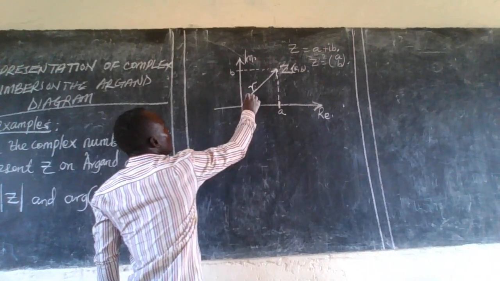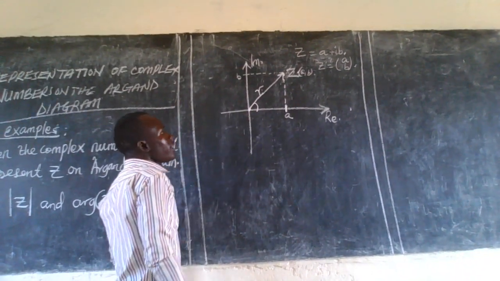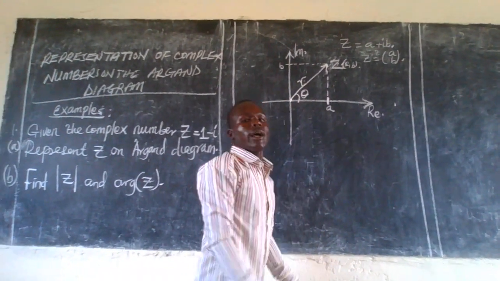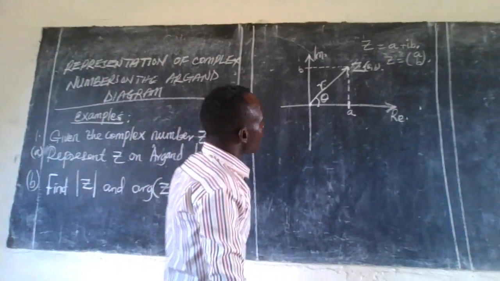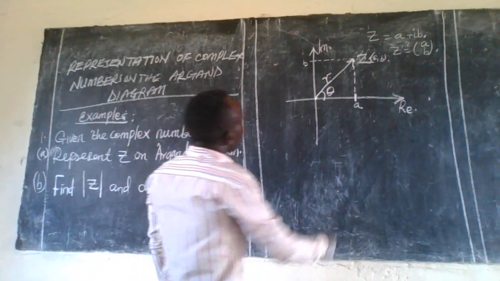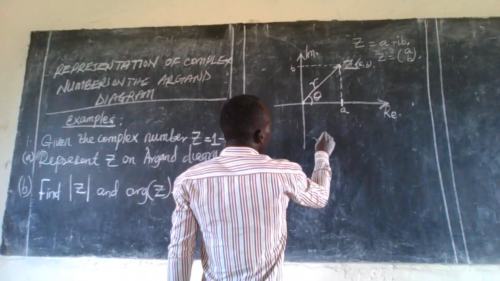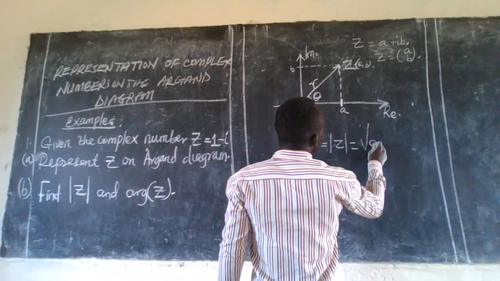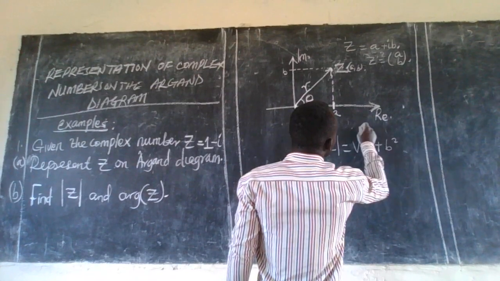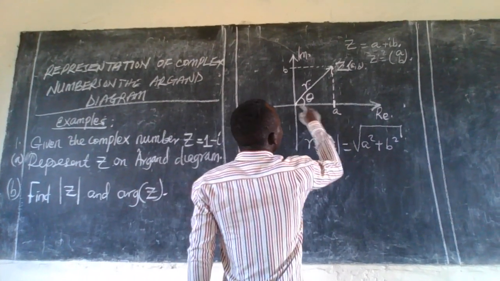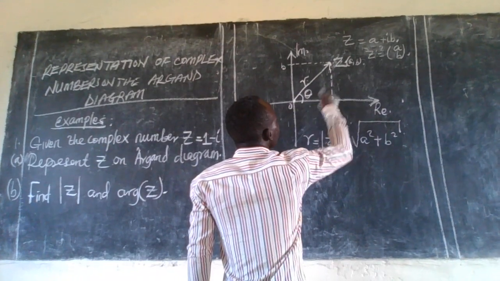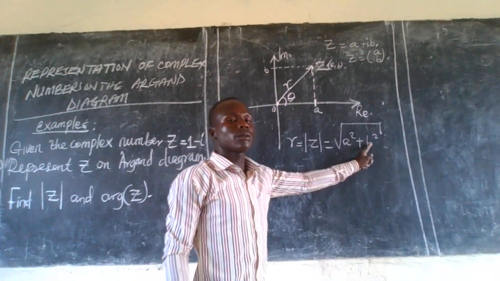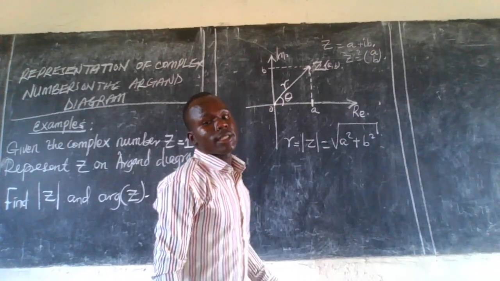Then the angle the complex number makes with the real axis is given by theta, which is called the argument. Then r is the same as the modulus of z. It's just the root of a squared plus b squared. Because from here to here is 0, from here to here is a, here to here is b. So the square root of a squared plus b squared gives us the modulus.